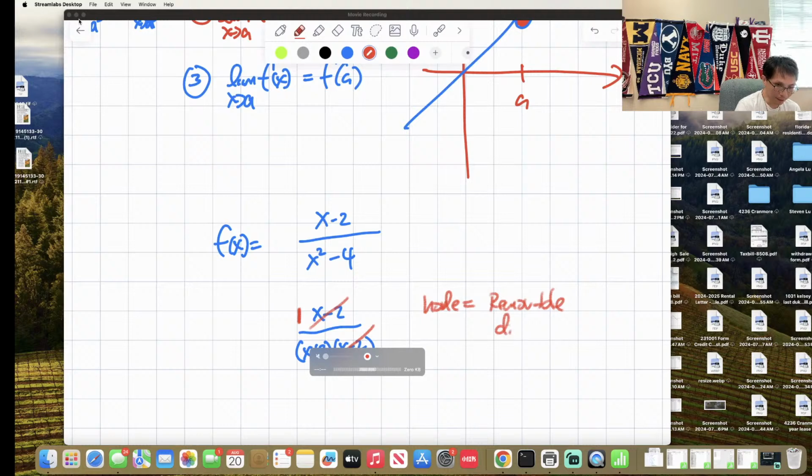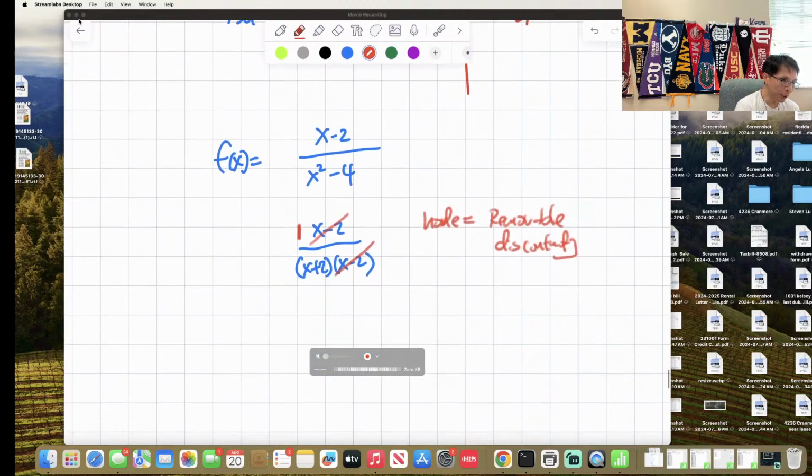So there are two types. Okay, removable discontinuity. So where's the hole? The hole is found when you set the canceled factor equal to 0. When you set x minus 2 equal to 0, x equals 2.